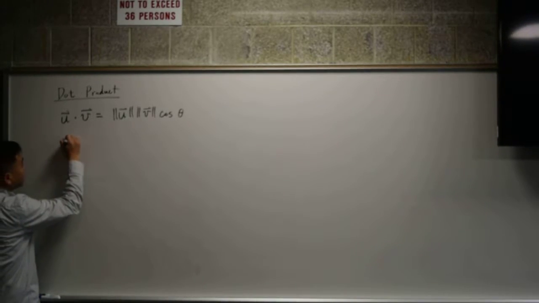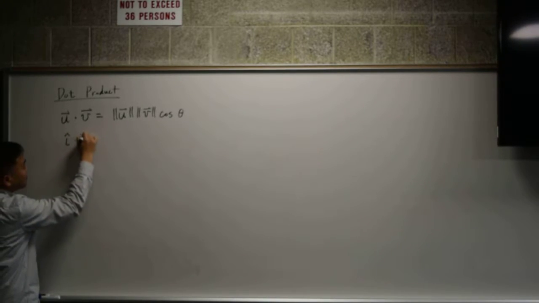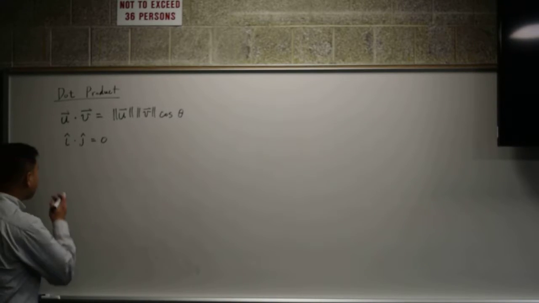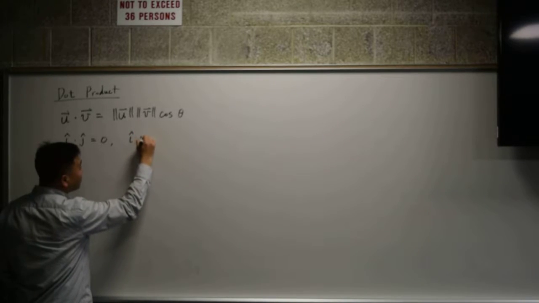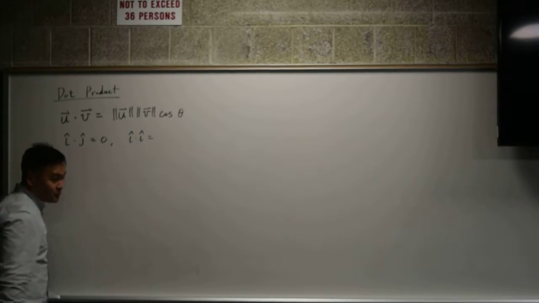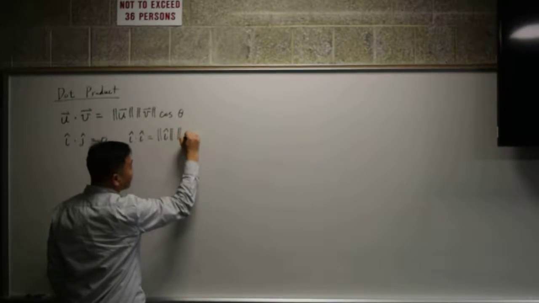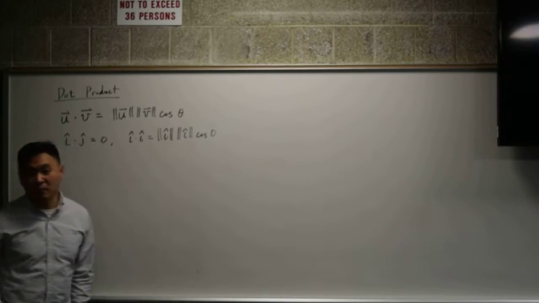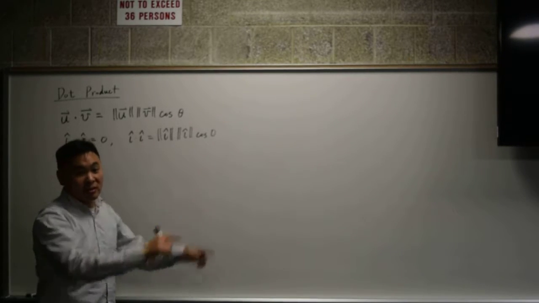And I explained how this formula implies that if two vectors are perpendicular, it's going to give you 0, because perpendicular means 90 degrees and cosine of 90 degrees is 0. And also that if you dot a vector with itself, then that's the norm of itself squared times cosine of the angle 0, because the angle between a vector and itself is 0 degrees, right?